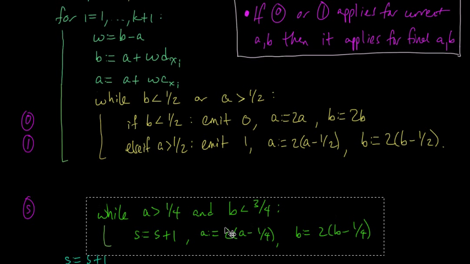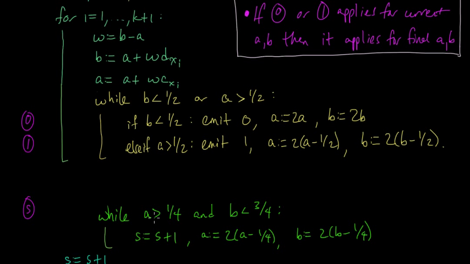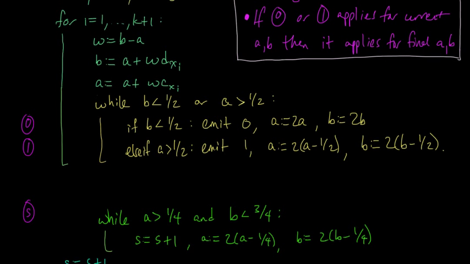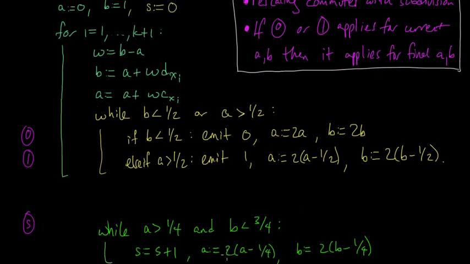And we need to modify our case 0 and 1 to handle the fact that we have to emit 0 and S ones, or 1 and S zeros. So S started out as 0, and that's good. When we hit this, we increment it like we said we ought to do, and then we just have to change these cases right here.